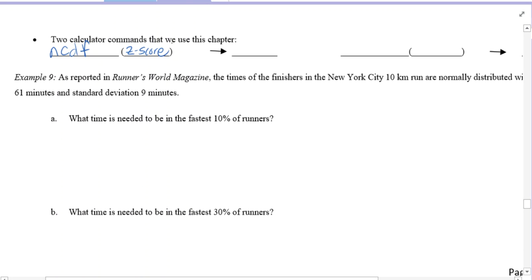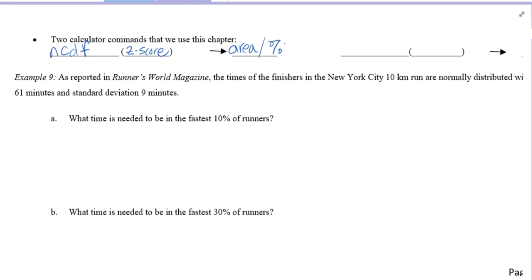We put whatever z-score to positive infinity, or in between two z-scores, and what comes out is the area under the curve, so the area, or the percent or proportion under that curve.